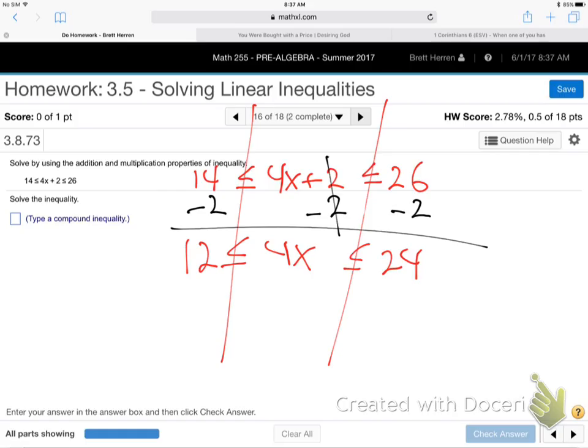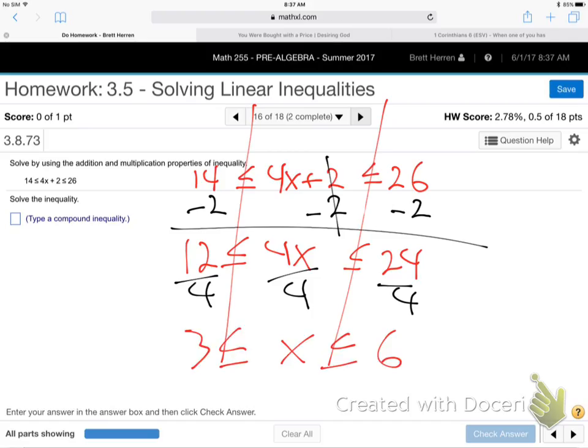Divide. Divide by 4, and what I do to the middle, I do to the left and the right also. Divide by 4, all of them: left, middle, and right. What do we get here? 3, x, 6, because the 4's cancel in the middle, and we got it. There's our answer. X is between 3 and 6.